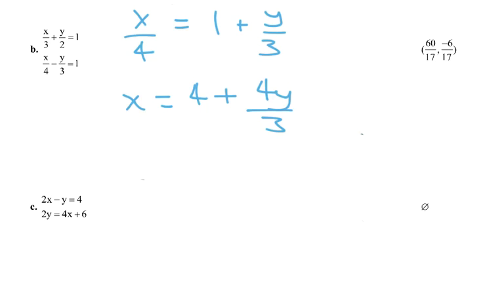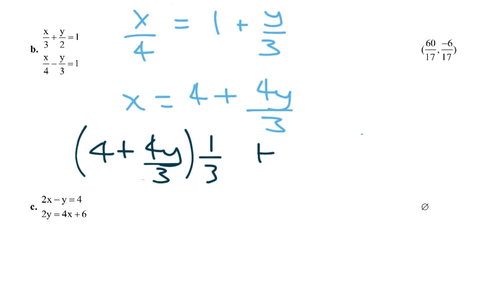And then we're going to substitute that into the first equation. So instead of x, we've now got 4 plus 4y over 3, divided by 3, so all times by 1 over 3, plus y over 2 is equal to 1.